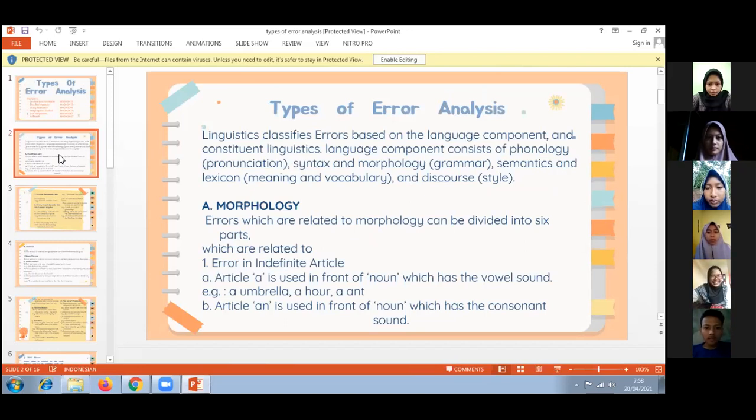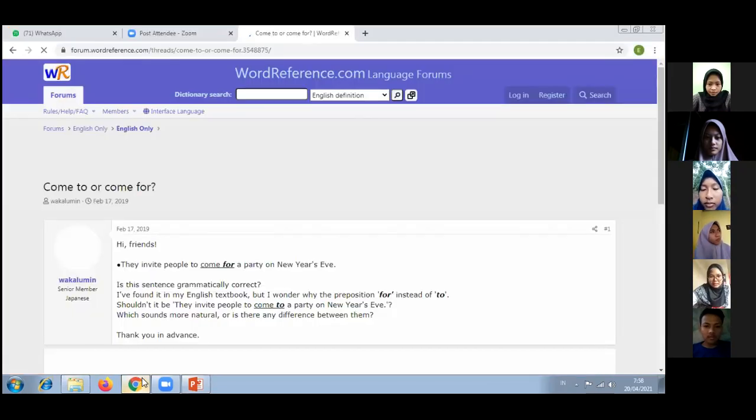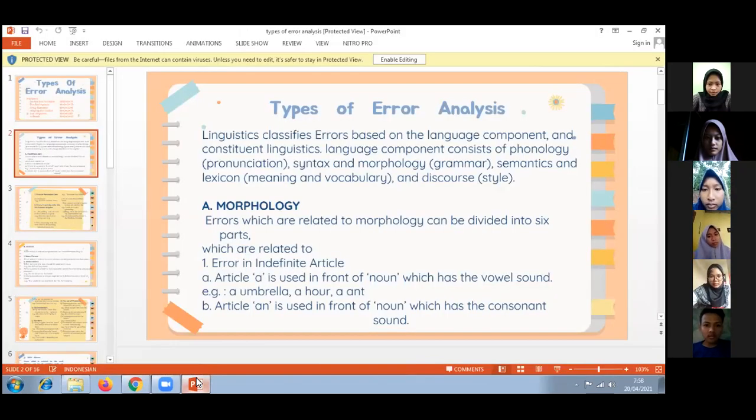The first material, types of error analysis. Linguistics classifies errors based on the language component and constituent linguistics. Language components consist of phonology or pronunciation, syntax and morphology or grammar, semantics and lexicon or meaning and vocabulary, and discourse or style. A. Morphology.